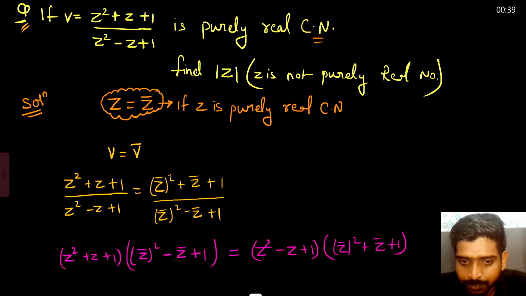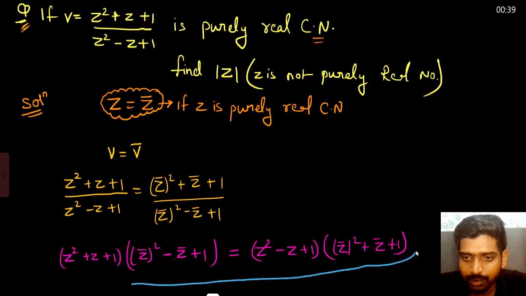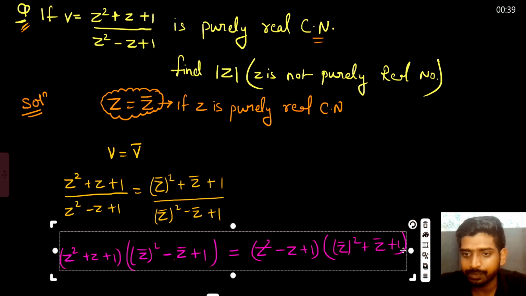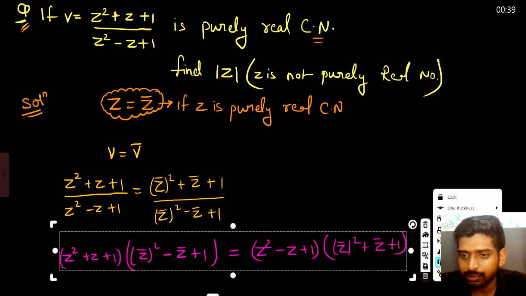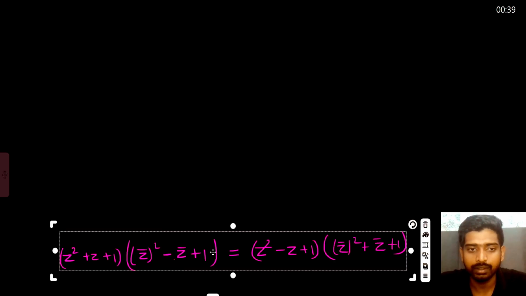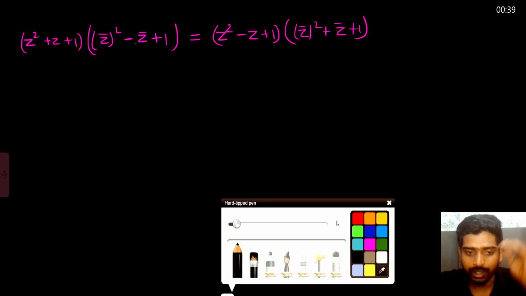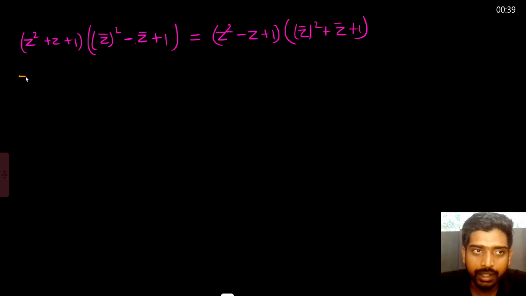Now copy this one. Now we'll multiply this and we are going to simplify this. This we got right. Now open these brackets. On the left side we get z square multiplied by z conjugate square, minus z square multiplied by z conjugate, plus z square.